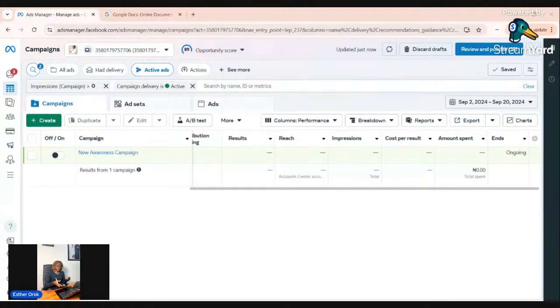So when we're talking about CTR, the C here means click, the T here means through, and the R here means rate. So you're saying click through rate. And I told you, Meta is simply saying, I want to see how interested people are in your ads.